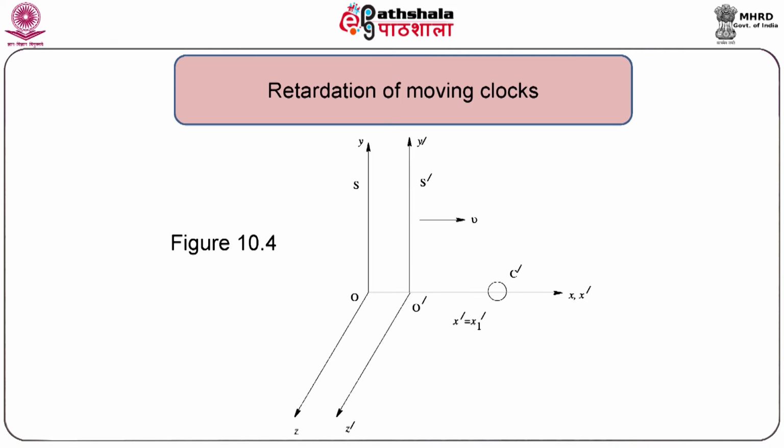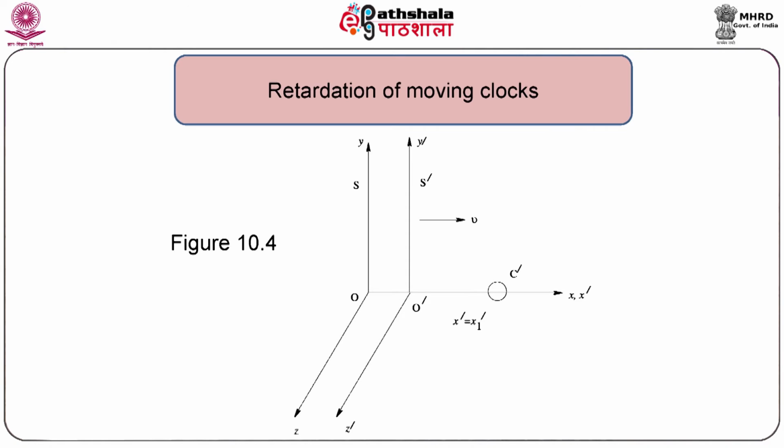S frame is fixed frame having coordinate axes OX, OY and OZ. S dash frame has the coordinate axes O dash x dash, O dash y dash, O dash z dash. Initially, O and O dash were coinciding. Now S dash is moving with uniform velocity v along the direction of O dash x dash. S is fixed frame. O dash is the latest position of the frame S dash as it is moving.